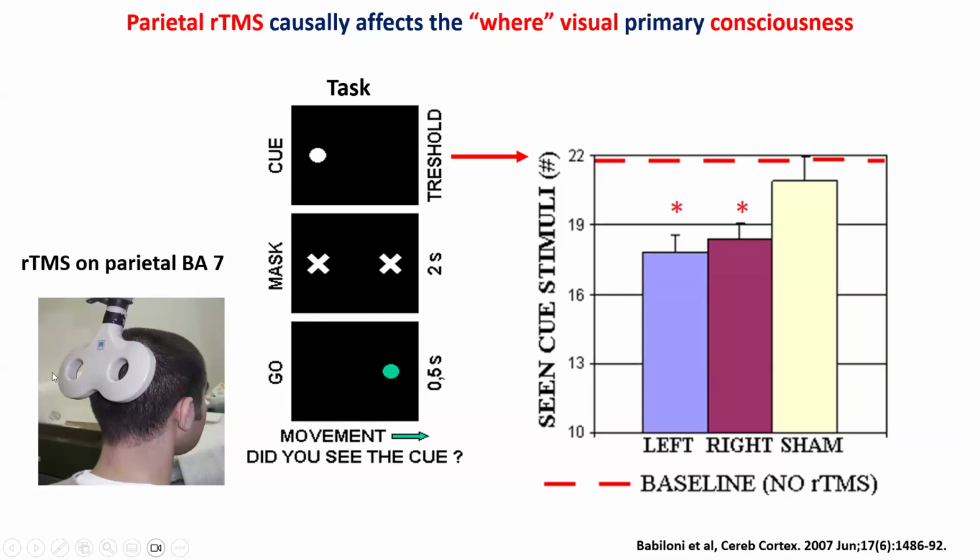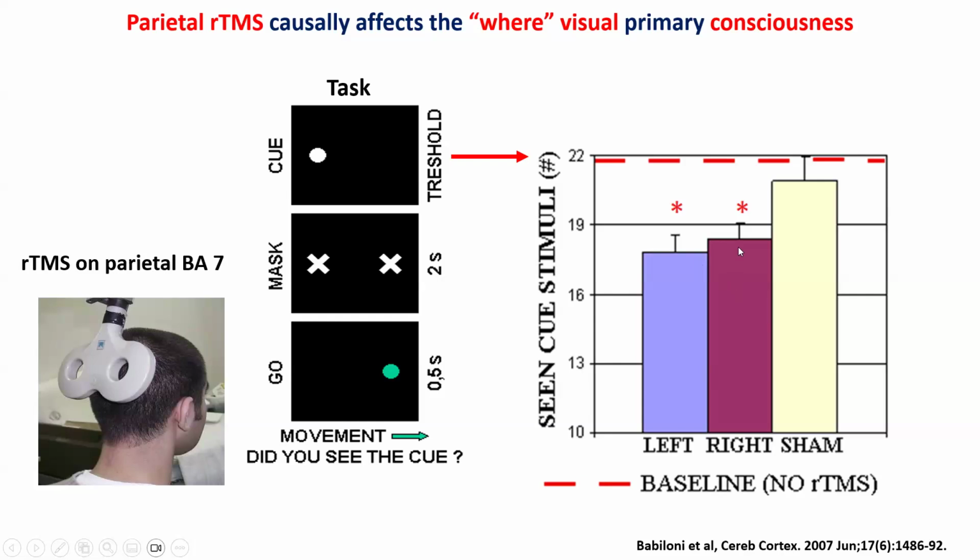So the coil was put on the head and there was a sound, but no magnetic stimulation. And you see that we have almost the same number of cue stimuli perceived as with no transcranial magnetic stimulation, about 21.